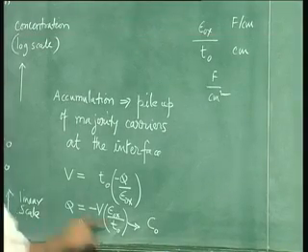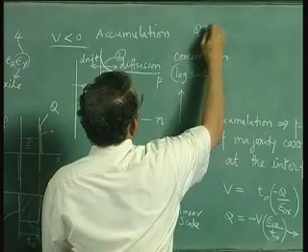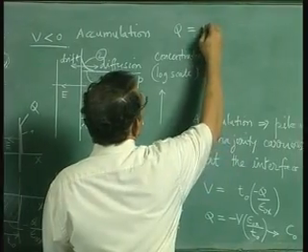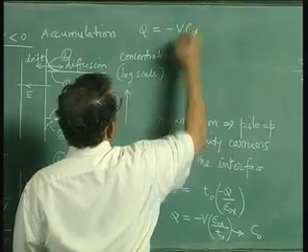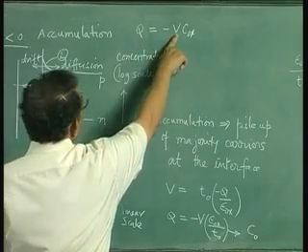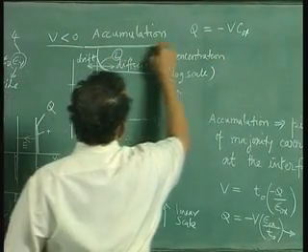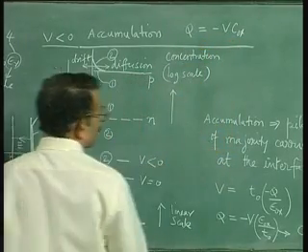So we can therefore write the equation for accumulation as the charge per unit area in the capacitor: Q is equal to minus V into Cox. Please note that the voltage itself is negative for accumulation. So the charge in the semiconductor is positive.